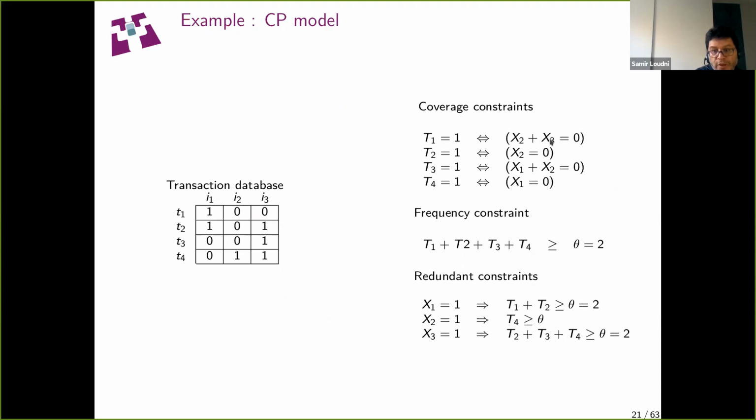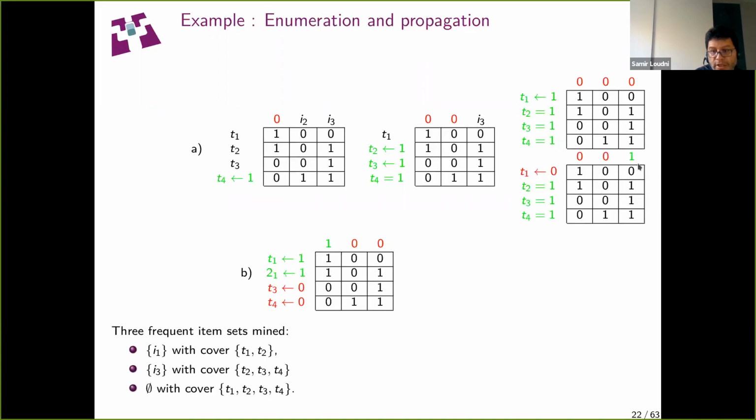So as x2 is equal to 0, if x3 takes value 0, T1 can take value 1. But if, as we said here, x3 takes value 1, T1 takes value 0.